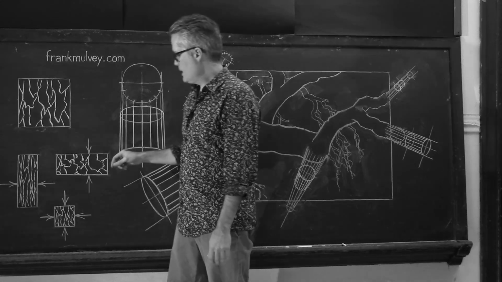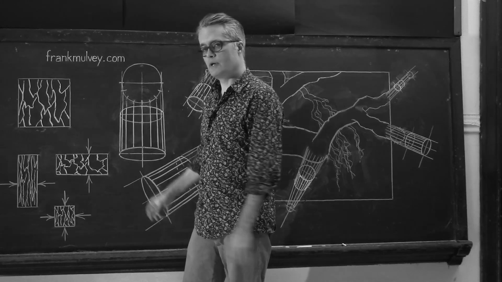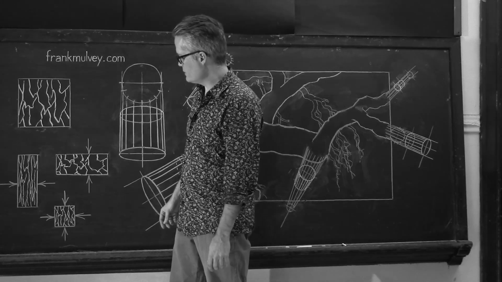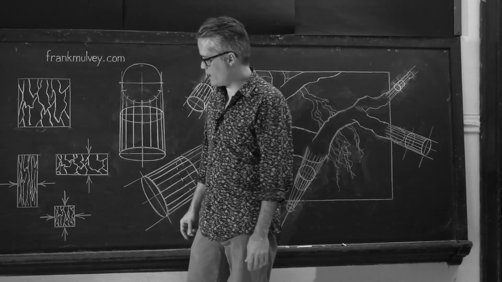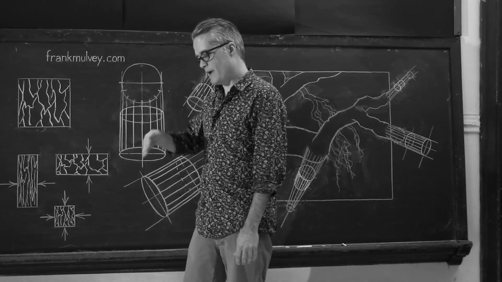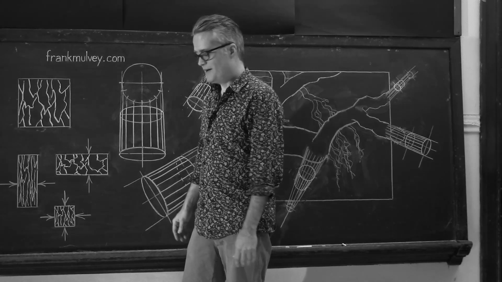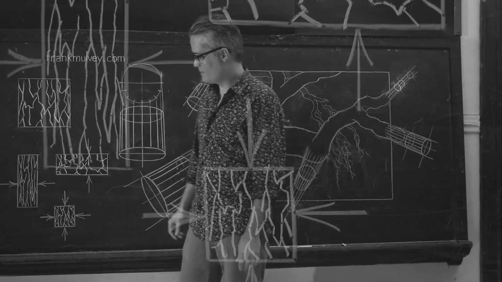compression. If the cylinder were to be tilted as if it was foreshortened, there's going to be a vertical compression of that pattern unit. And if you follow the pattern around the edge of the cylinder, it's going to both compress vertically and horizontally.